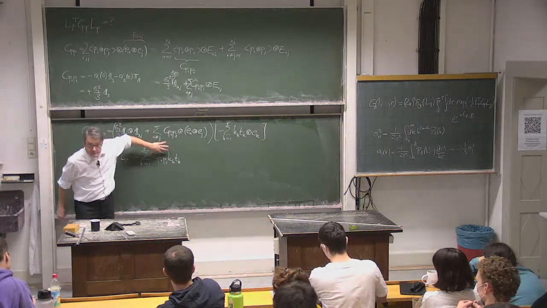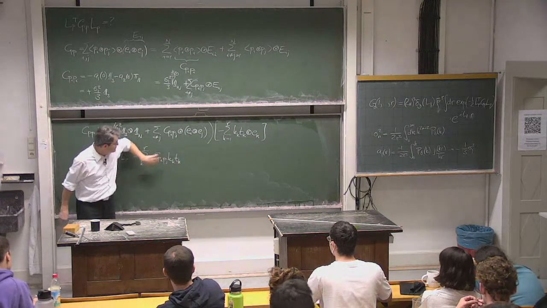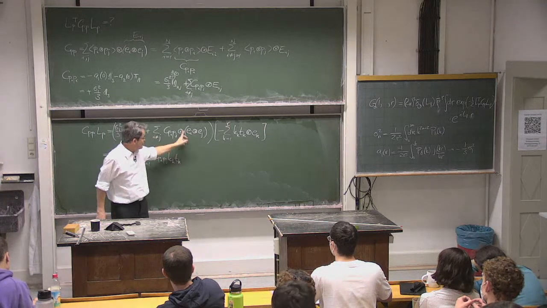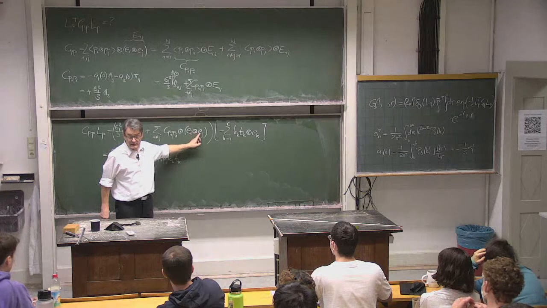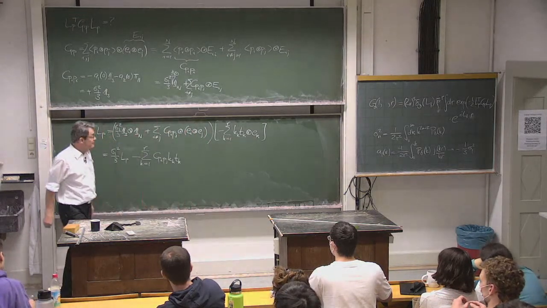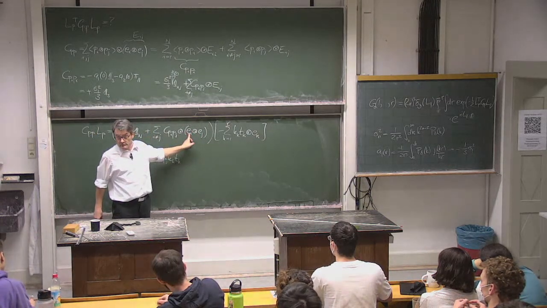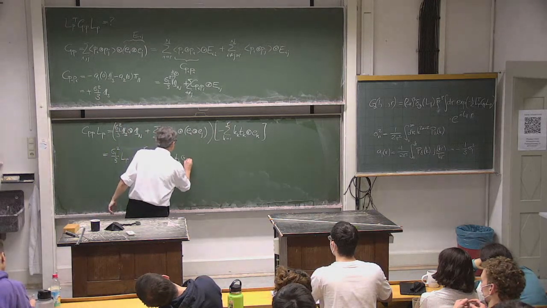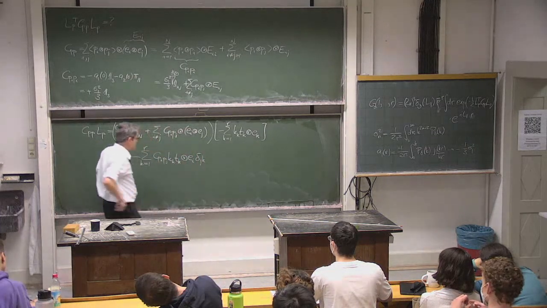You see that's a 3 by 3 matrix times a 3 vector. Just gives you a 3 vector here. Now what do you have? We have the matrix E_I tensor E_J. You have to multiply with a vector E_K, that gives you a delta_JK times the vector E_I. So that gives you E_I delta_JK.